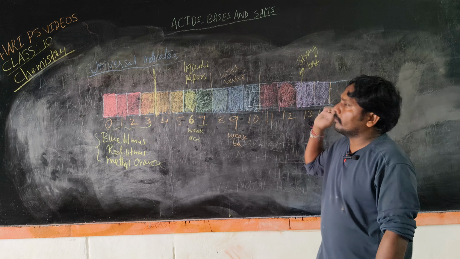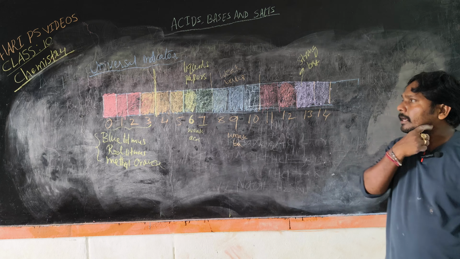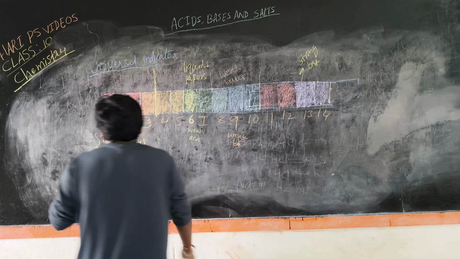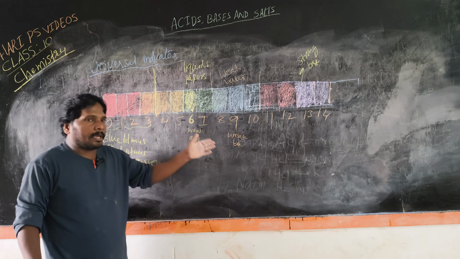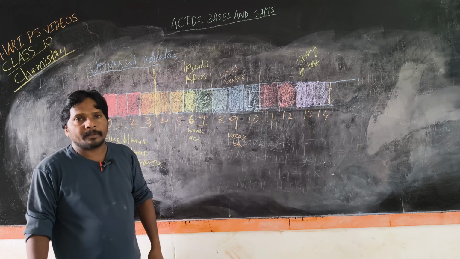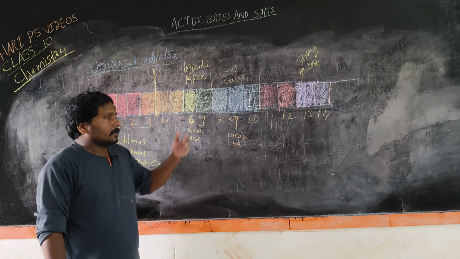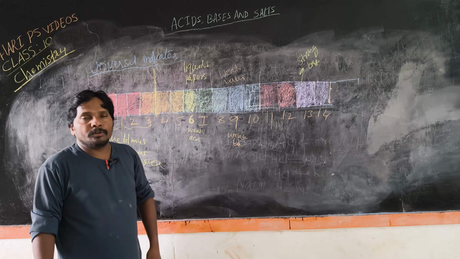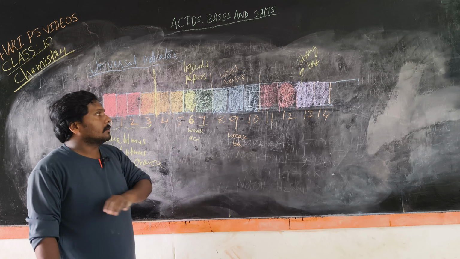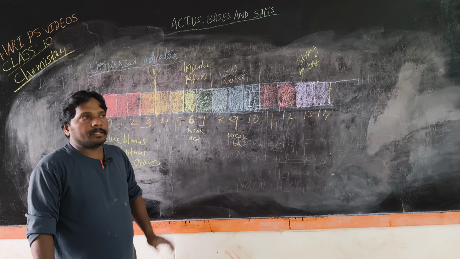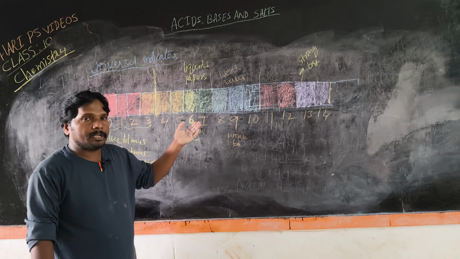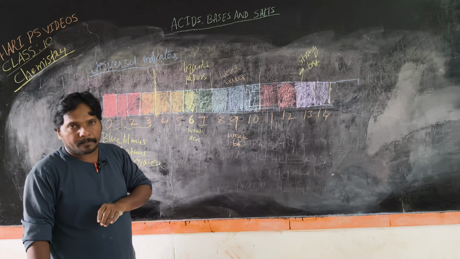The colors are very important, so keep them in mind. In some cases in the examination, if solution A is dropped on the universal indicator paper and forms green color, what is the nature of solution A?